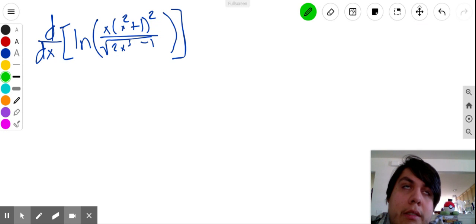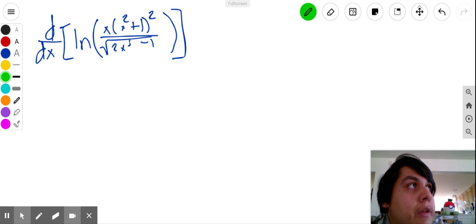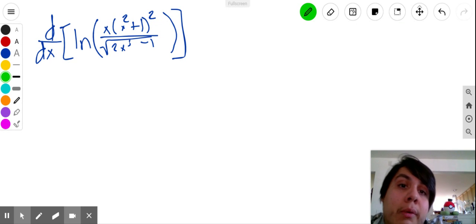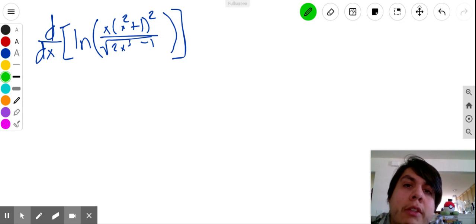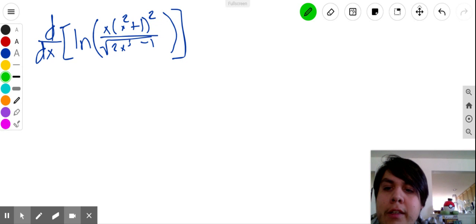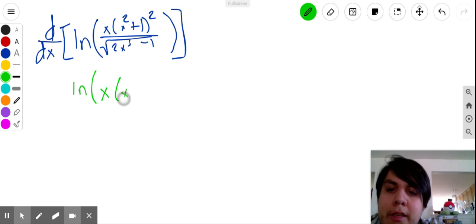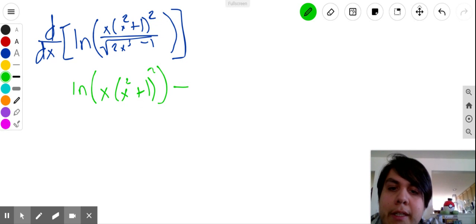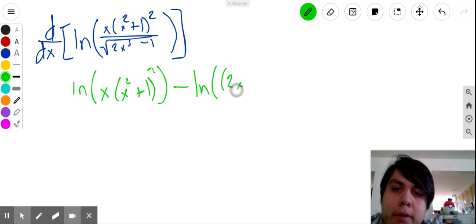When I see multiplication or division or powers inside of a logarithm, I can use my logarithm properties to expand this if need be. So I can think about this as the natural log of x times (x squared plus 1) squared, minus the natural log of 2x cubed minus 1 to the half power.